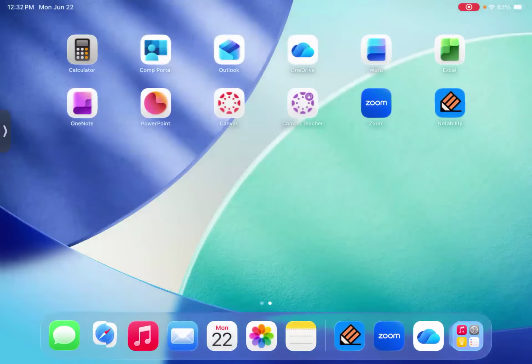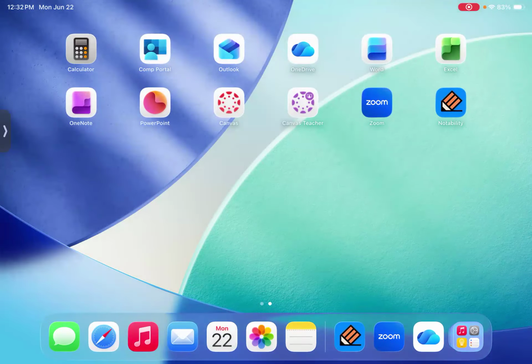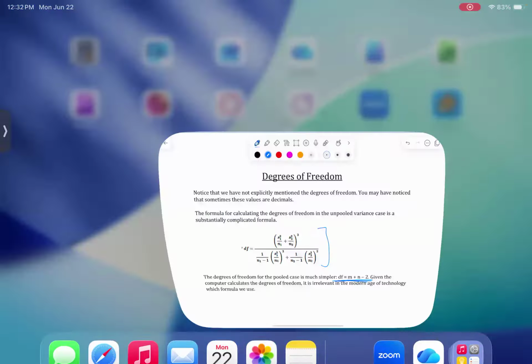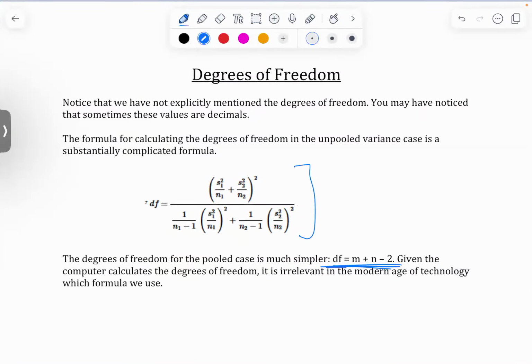It's because the precise degrees of freedom calculation requires a horrific looking formula like this. So we again leave that to the technology. Understand the basic concept that it's about the sum of the two sample sizes minus two, just like it was sample size minus one with one sample means. But as we get a higher number of samples, the degrees of freedom become more complicated as well.